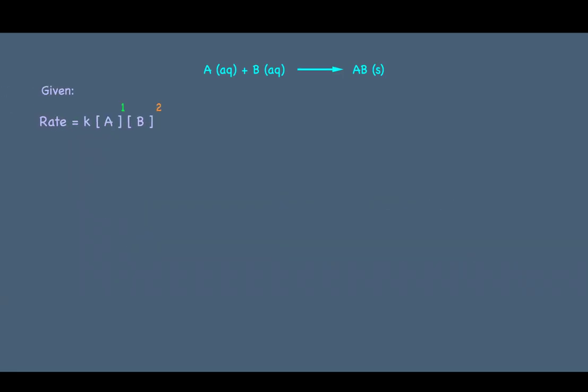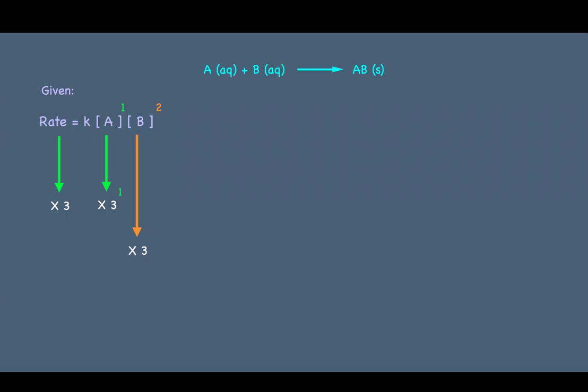Last example, let's say this time they gave the rate law to be k times [A] to the 1, [B] to the 2. This time, instead of doubling, I want to try tripling the concentration. So I'm multiplying the concentration of A by 3, and I want to see how that affects the rate of reaction. Since A is to the power of 1, 3 goes to the power of 1. So by tripling the concentration of A, the rate is also tripled.